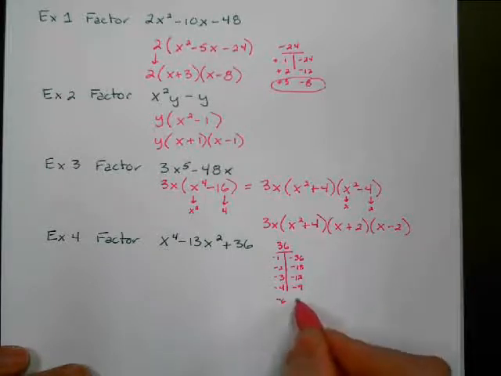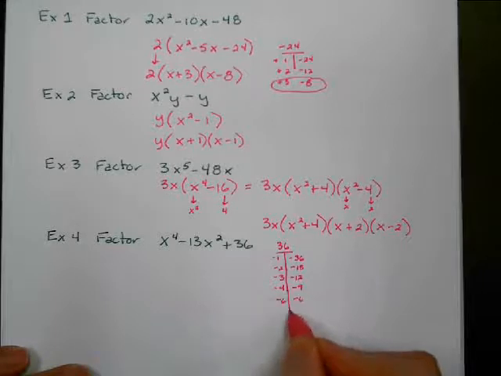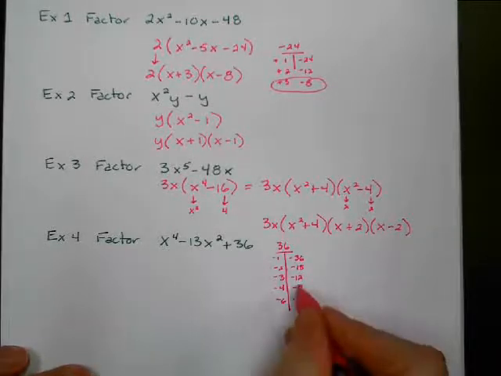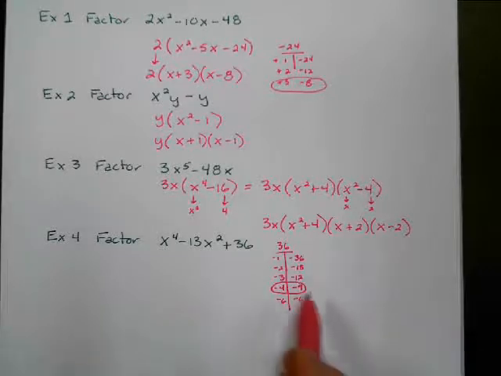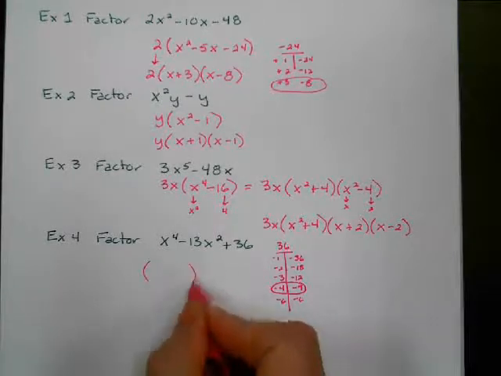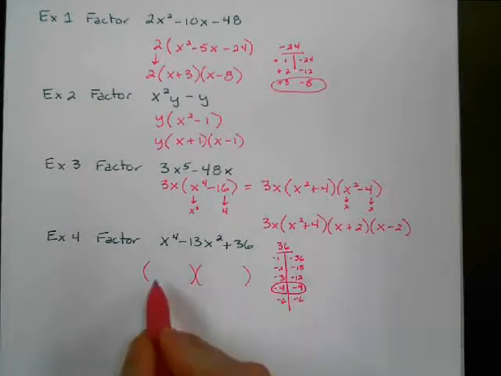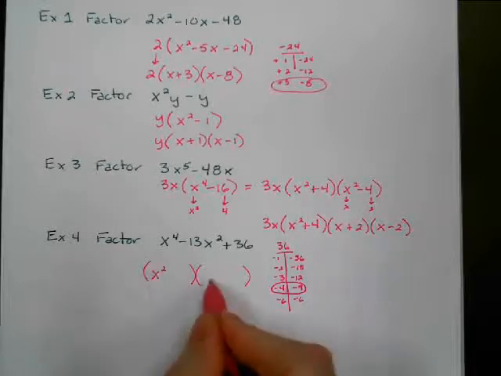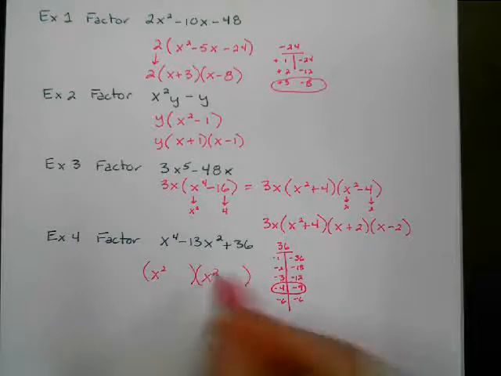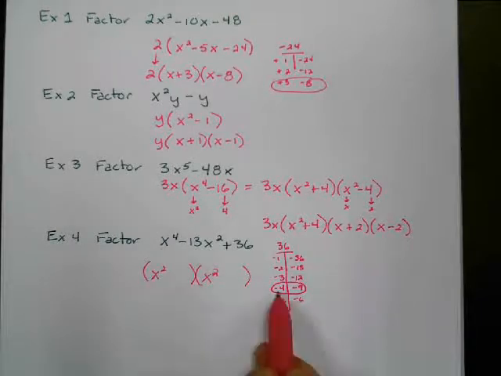All right, there's all my combinations. Do any of them give me -13? Yes, these 2. All right, so my first term is not x. My first term is x squared and x squared because that's how I'm getting this x to the 4th there. So it's going to be x squared minus 4, x squared minus 9.